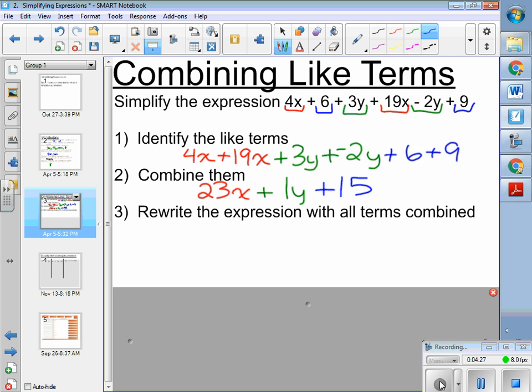Apparently, I sped things up somehow, because that's rewriting the expression with all the things combined. Anyway, we've done it all.